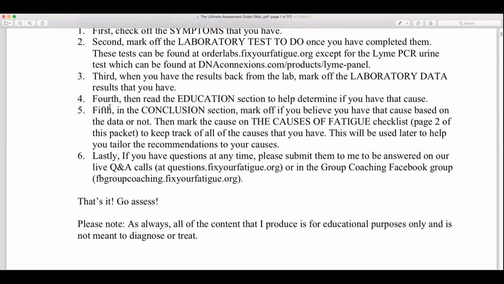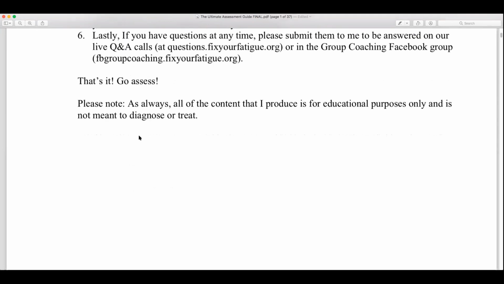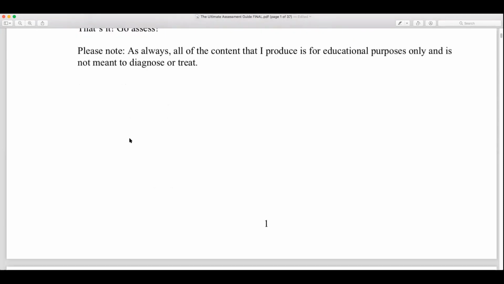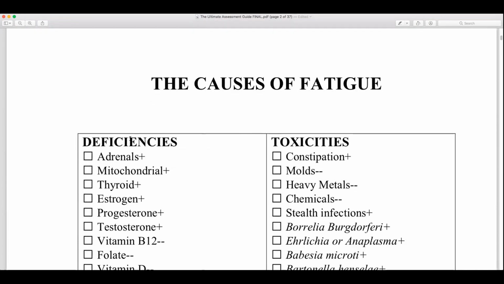Last, I've got a conclusion section where you mark off yes, you have the cause, or no, you don't, and then you put it back on the big causes of fatigue checklist, which I will show you in a second. And if you ever have any questions, here's where you can submit them, and the links. As always, all the content that I produce is for educational purposes only and is not meant to diagnose and treat.